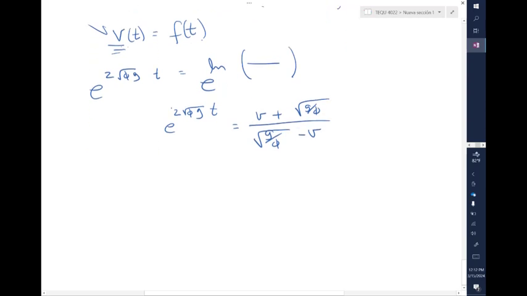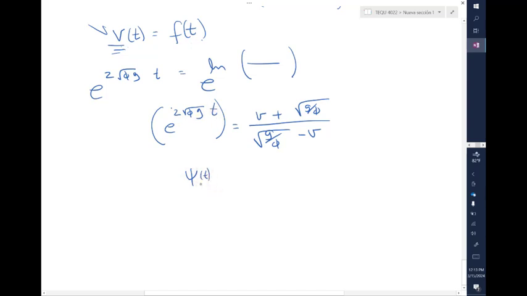Now the only thing that I need to do is to get my equation in terms of v. That would be easy. Let's call this, it's just a constant. That's not a constant, it's a function of time, but let's call it for now psi. Psi is obviously a function of time, right?